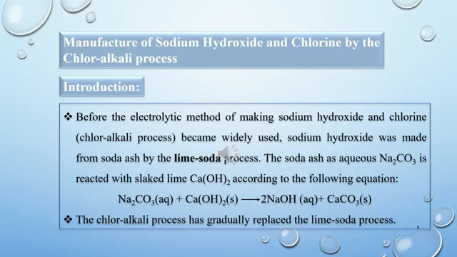Here, sodium carbonate reacts with calcium hydroxide and forms sodium hydroxide along with calcium carbonate. The chlor-alkali process has gradually replaced the lime soda process for the preparation of sodium hydroxide.